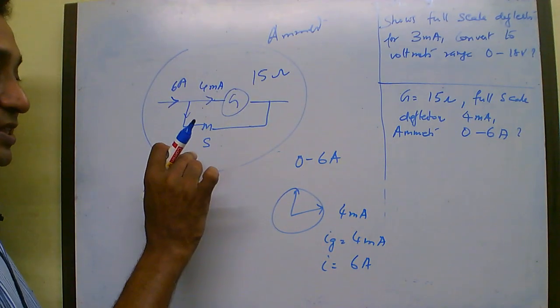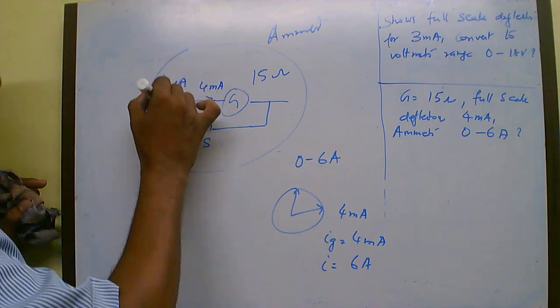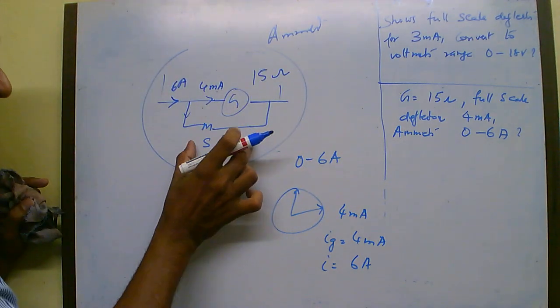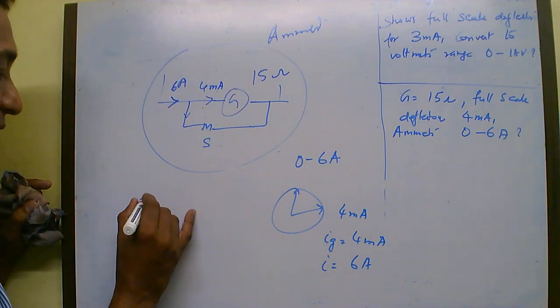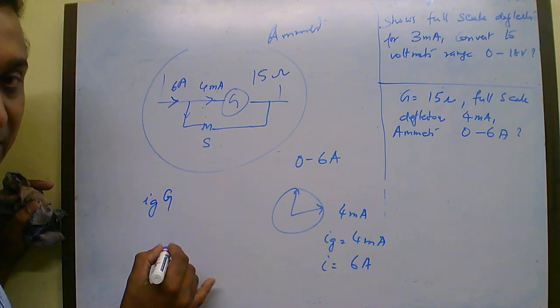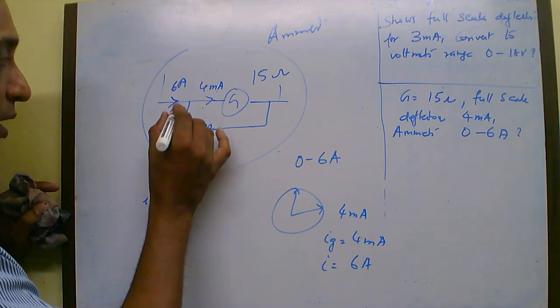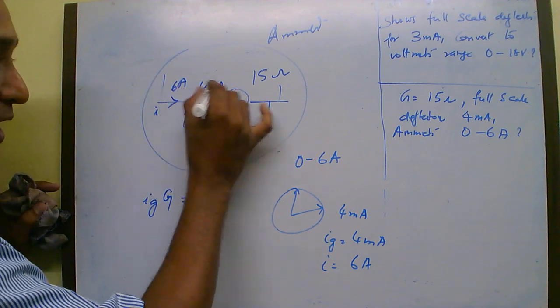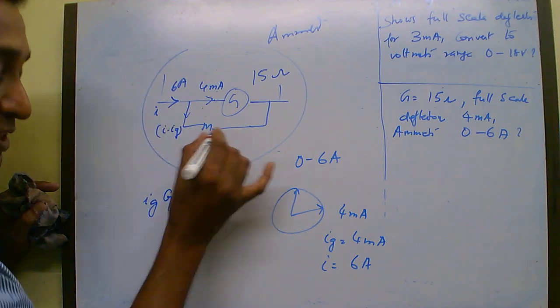So how much is the shunt resistance which I have to connect in parallel? See, the voltage across these two ends will be the same, because they are in parallel. So I can write Ig times the resistance of the galvanometer is equal to, I is entering, Ig is going into this, so I minus Ig will be passing through the shunt resistance.